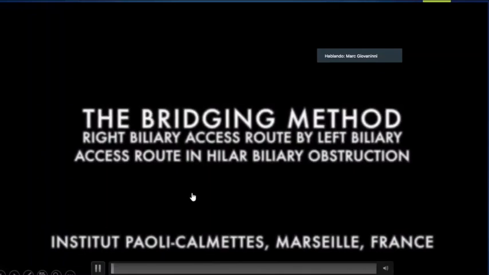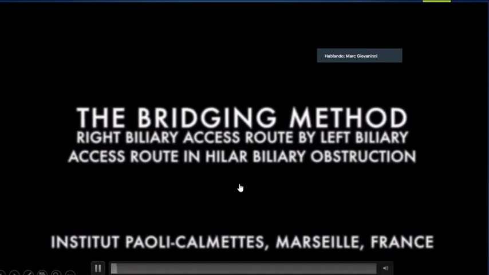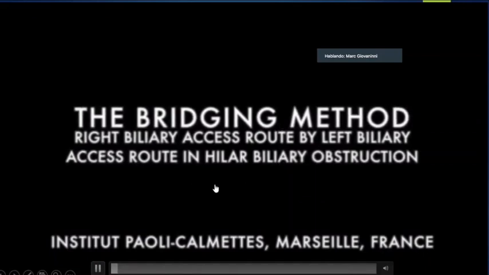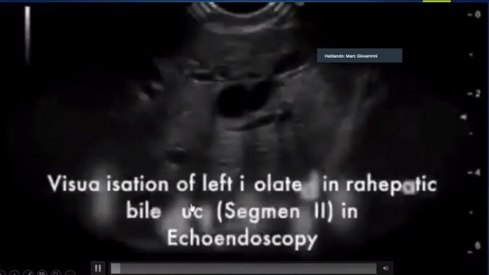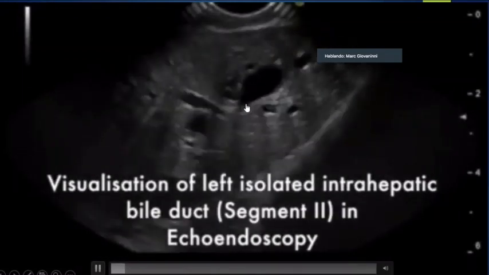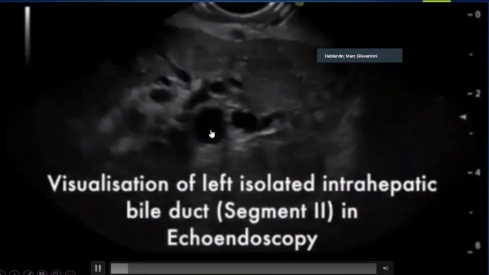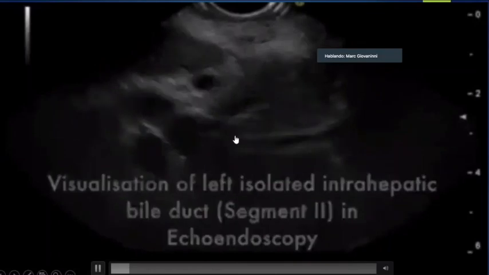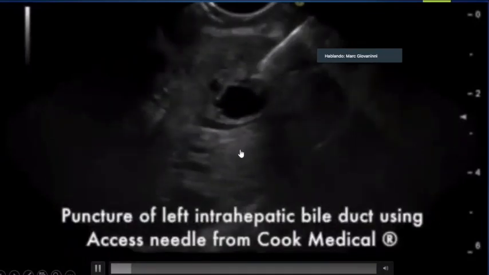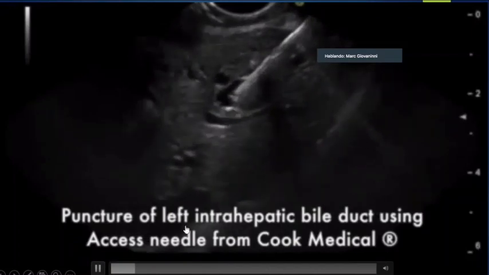And this is a patient with a type 2, because this is the main indication, the type 2 Bismuth hilar tumor. And the first step is the puncture of the segment 2 or segment 3 of the left lobe, like a hepaticogastrostomy, and you will see here the needle, the puncture of the dilated duct.